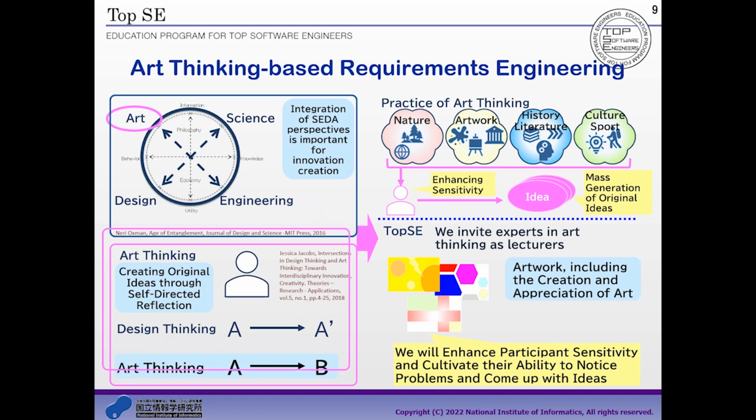Here, we will incorporate the perspective of art to further enhance creativity. By doing so, we will enhance participants' sensitivity and cultivate their ability to notice problems and come up with ideas. We will invite experts in art thinking as lecturers.